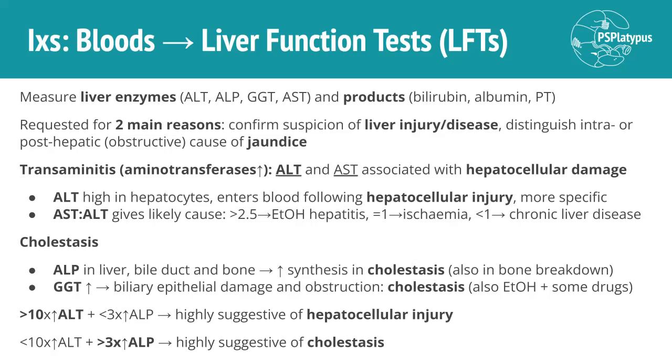Now, we request liver function tests in medicine for two main reasons, and that's to confirm what we suspect is liver injury or disease, and also to look at different causes of jaundice and determine whether it's inside the liver, so has there been damage to the liver, or has there potentially been obstruction after the liver, potentially in the biliary tree, for example, in gallstones, that is blocking the ability for us to actually excrete bilirubin in the urine and feces.